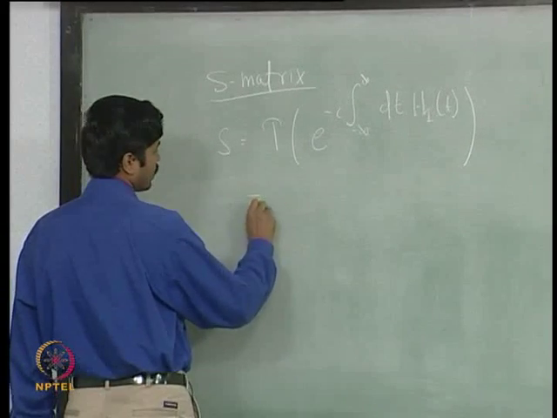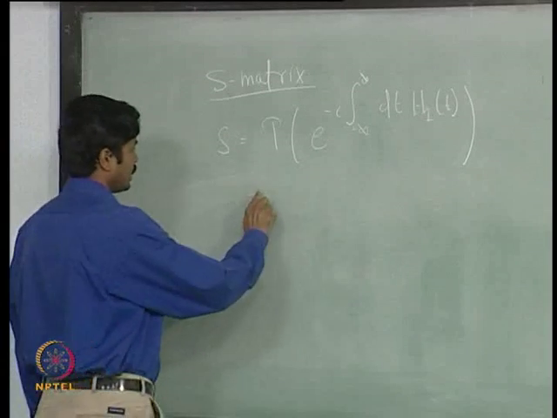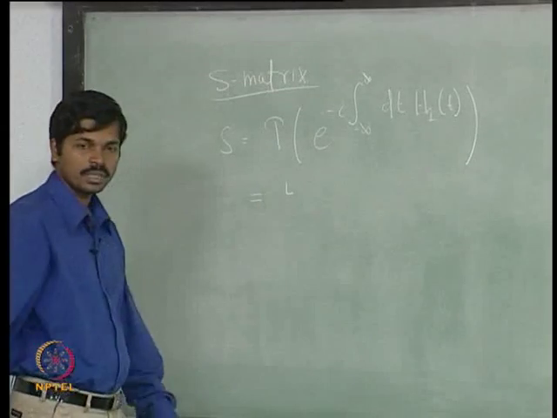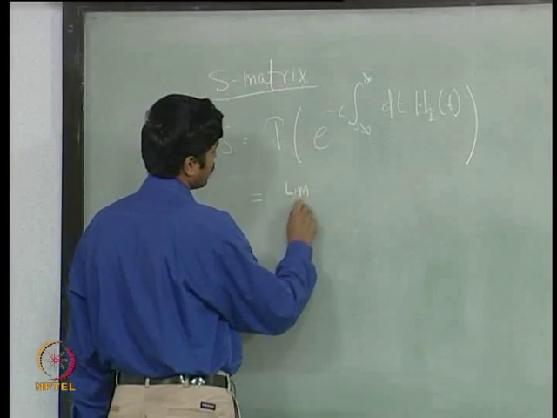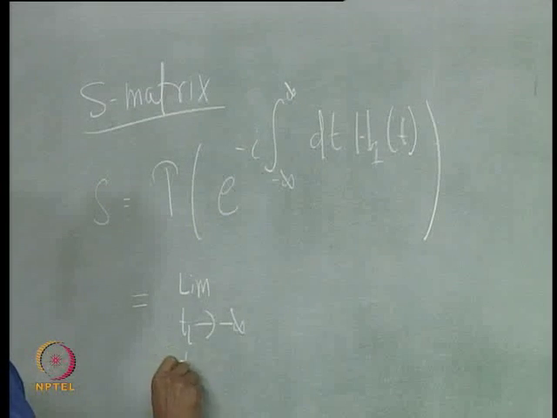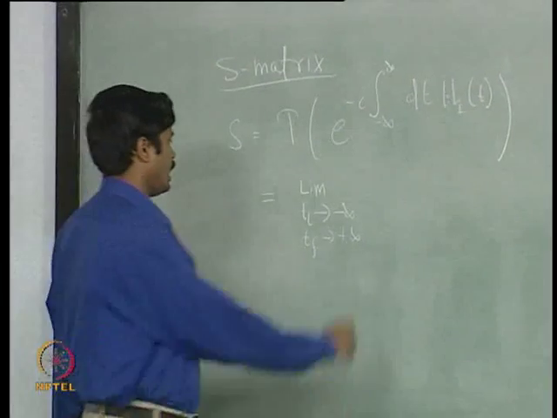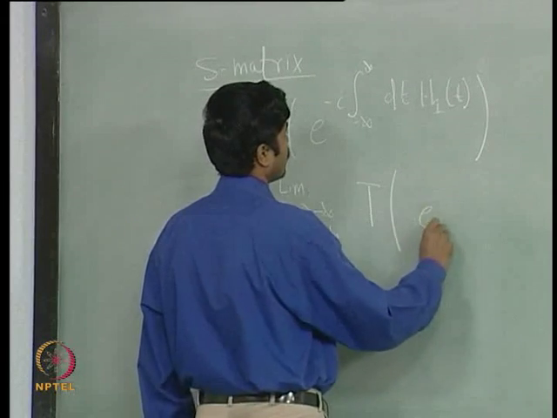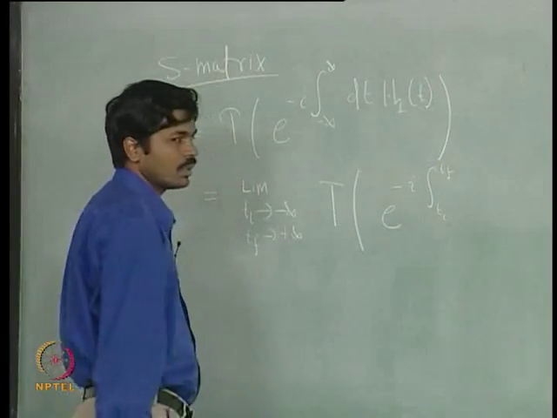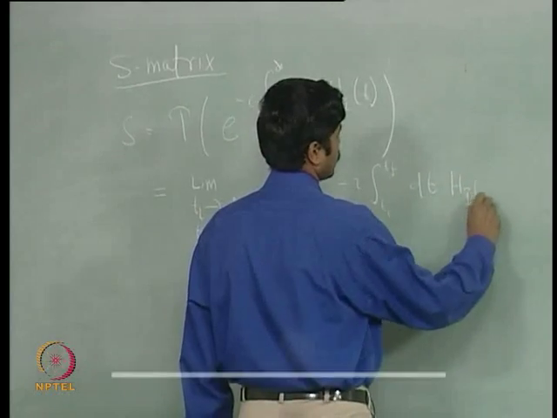To do that, we will rewrite this S matrix in a slightly more convenient way. Let us consider the limit T i going to minus infinity, T f going to plus infinity, of the time ordered product of e to the power minus i integral from T i to T f dt h I of t.